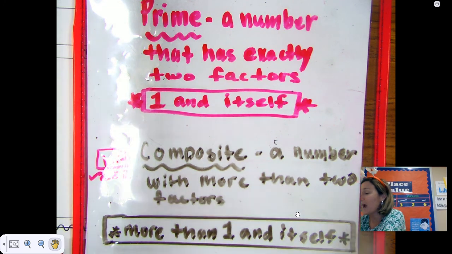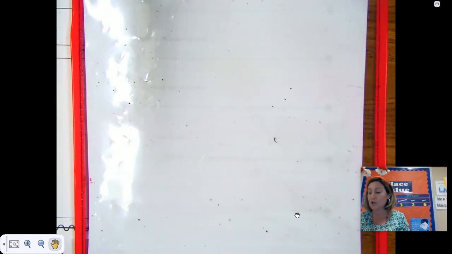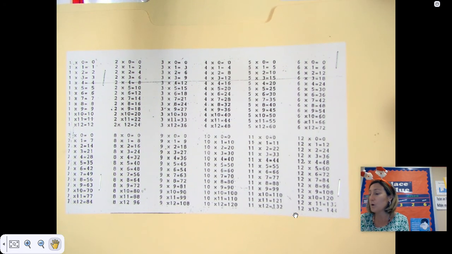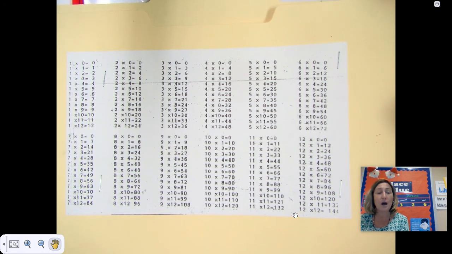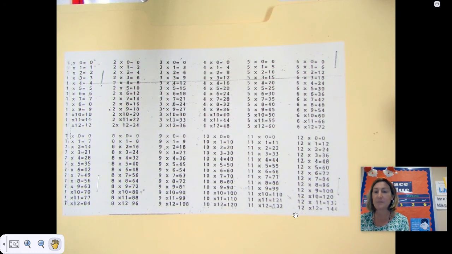Okay, let's practice a couple, and then we'll talk a little bit about what you're going to see on your worksheet. Now, I want to remind you, this is a multiplication help sheet. Yours on your slideshow may not look exactly like this, but it has the same information.